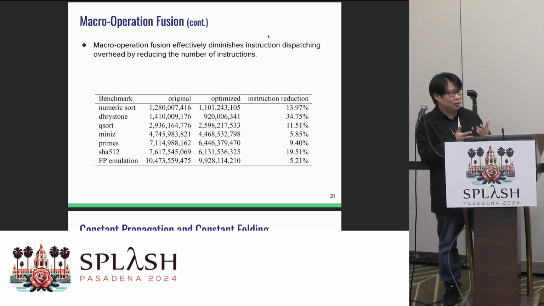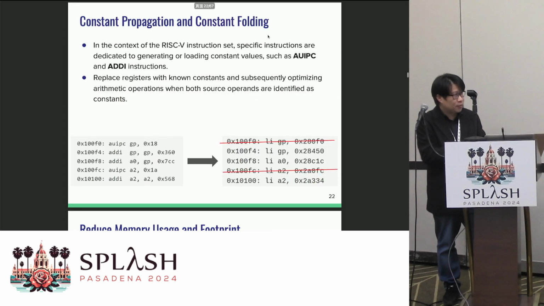You can see, take Dhrystone, for example. Its performance could be improved by applying a single idea, I mean, macro operation fusion. And we apply the common optimization strategies such as constant propagation and constant folding.